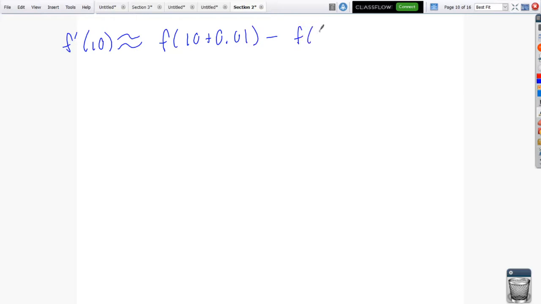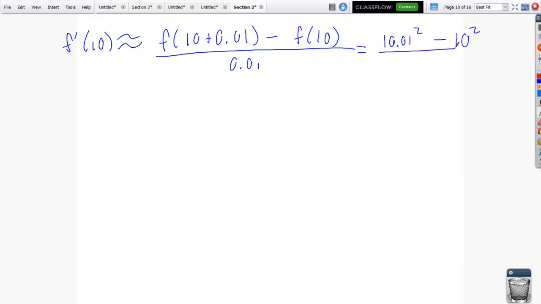This is a numerical approximation. I guess the f we're using here is x squared, right? So I'm going to do 10 plus 0.01 is 10.01 squared, minus 10 squared, over 0.01.